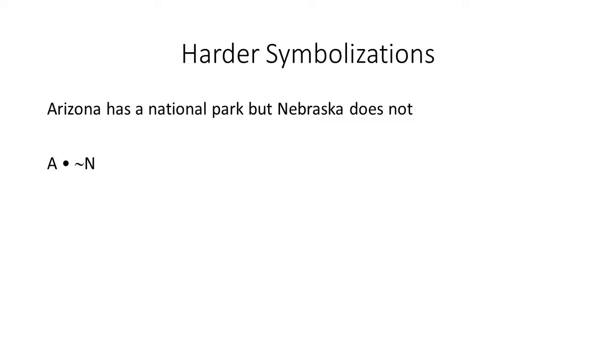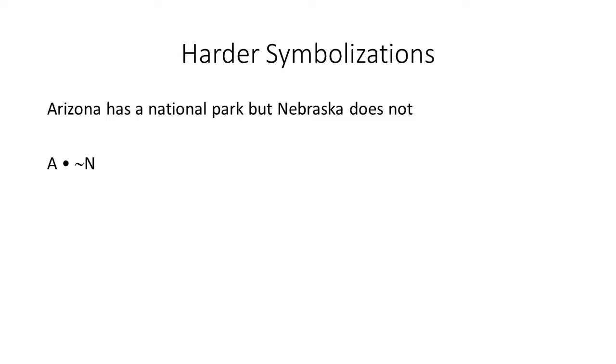Are there any others? Well, there's at least one. In fact, there is exactly one: not. We have the statement, Nebraska does not what, have a national park? And that's the negation of Nebraska has a national park. So put a tilde above not. Now we go through and assign sentence letters to stand for the statements.